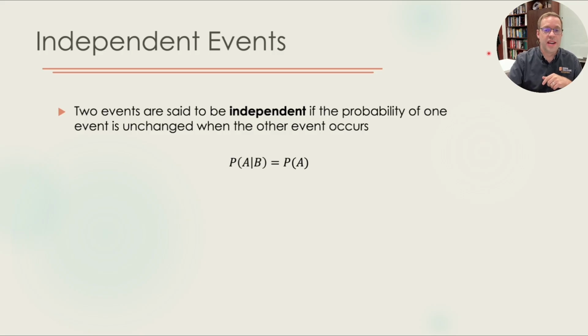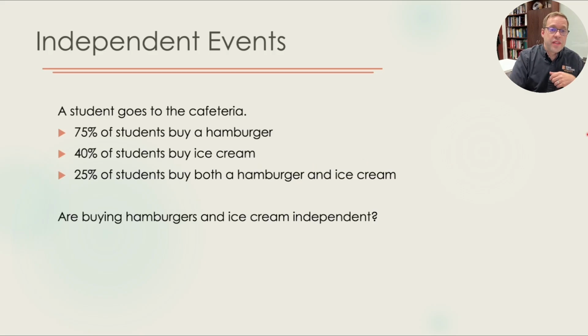In other words, this event B had zero influence on the probability of A. Okay, B happened, but B might as well not have happened. It could have happened, it could have not, doesn't matter. The probability of A is still the probability of A. It's unchanged. Let me give you a couple of examples to show what this means.